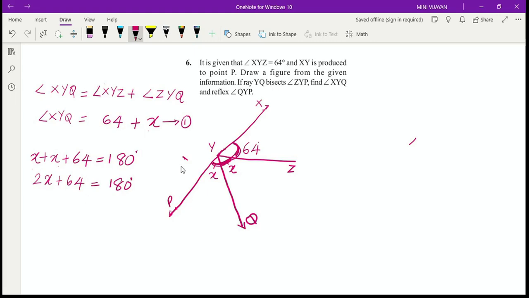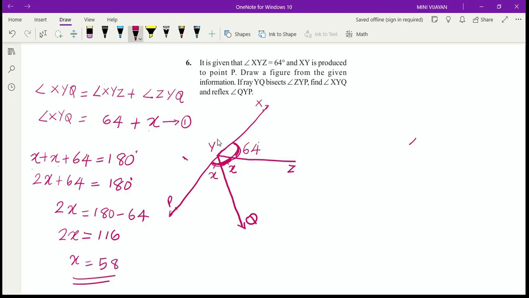Now we can find 2x from this. 2x is equal to 180 minus 64, which is 116. What is x? x is equal to 116 divided by 2, which is 58. So the measure of x we got here is 58.